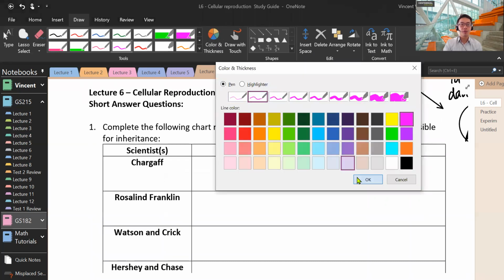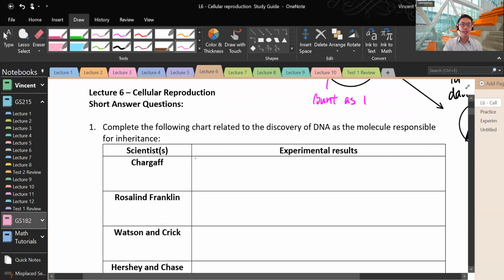It's called Chargaff's rule, and basically he discovered that in any DNA molecule, the number of adenine will always equal the number of thymine, and the number of guanine will always equal the number of cytosine.